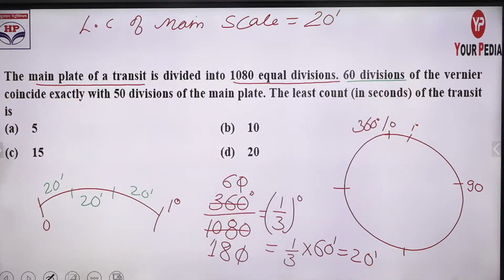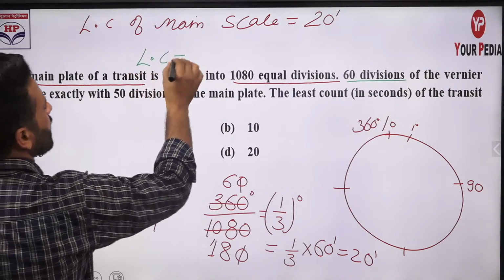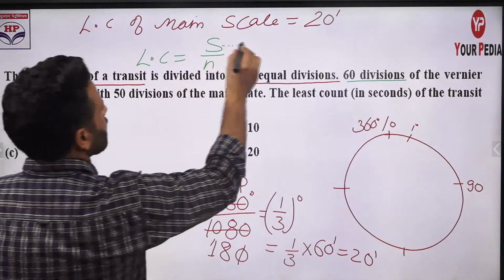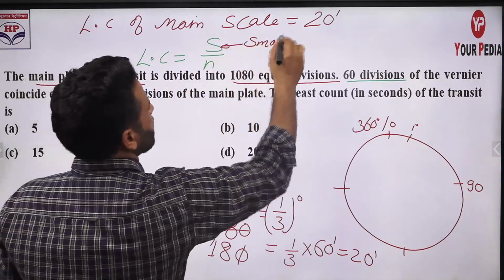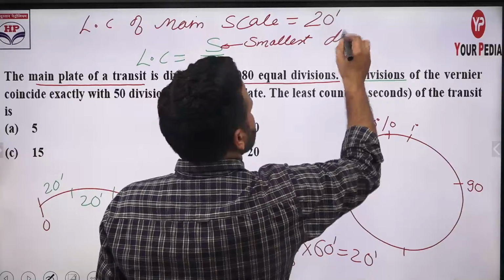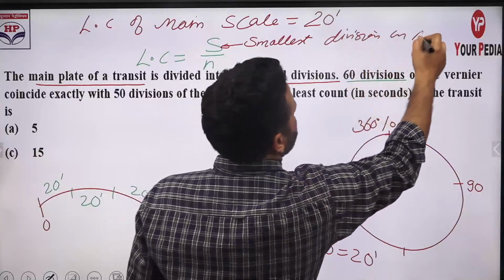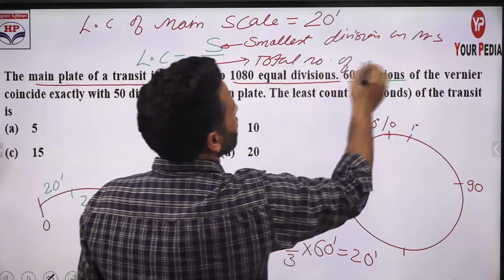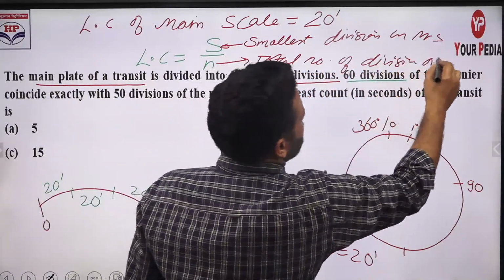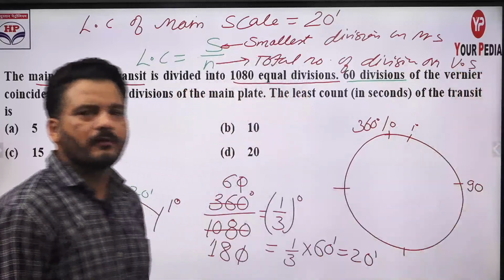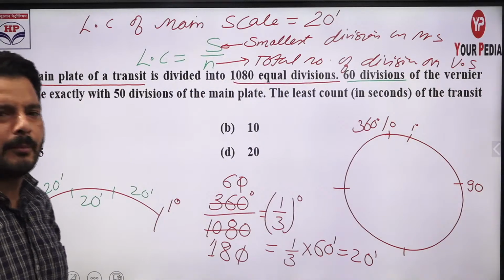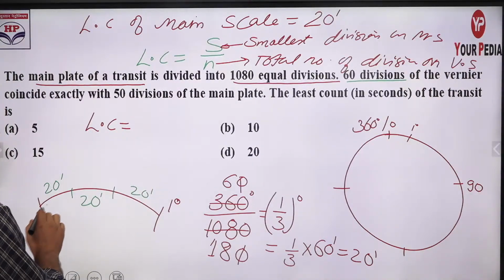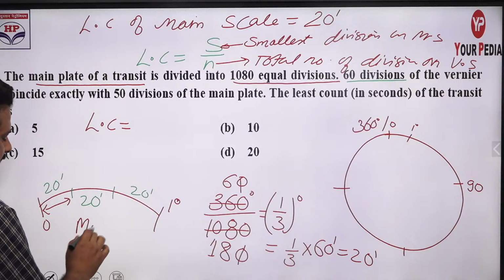So what is the least count? Simply, the least count is S by N. What is S? This is the smallest division on the main scale, and N is the total number of divisions on the vernier scale. VS stands for vernier scale, MS stands for main scale. Fine. So I am just doing the least count here. What is the smallest division length on the main scale? This I showed here, main scale.